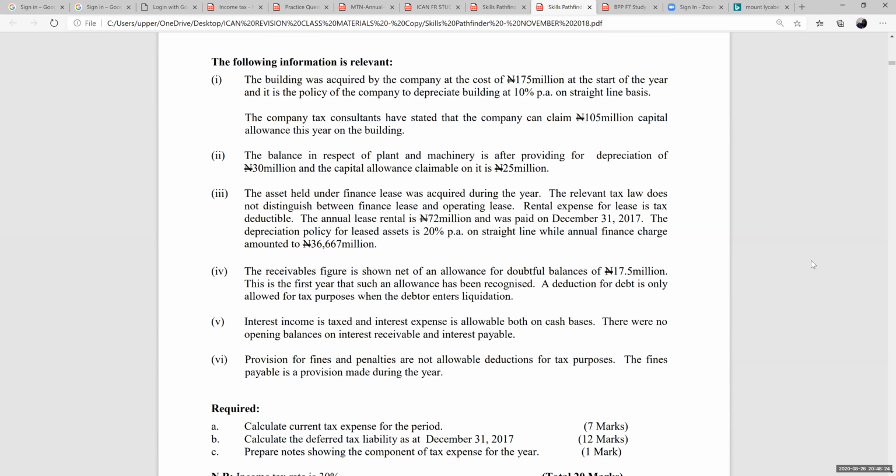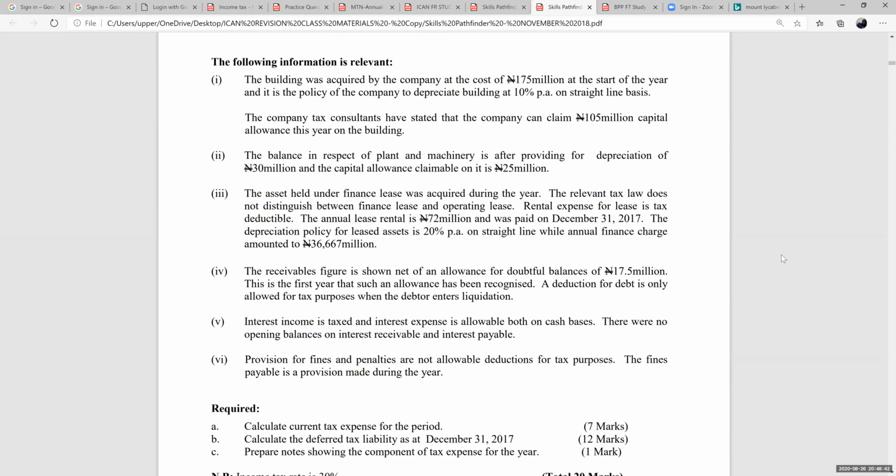The relevant tax law does not distinguish between finance lease and operating lease. Rental expense for lease is tax deductible. The annual lease rental is 72 million naira and was paid on December 31st, 2017.